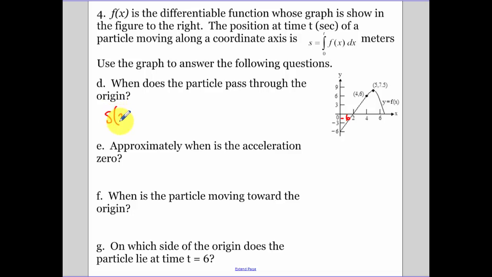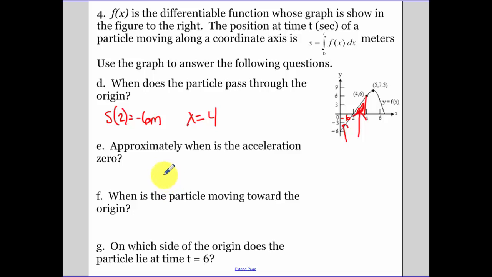S of 2, my position at time t equals 2 was -6 meters. But what happens? I start turning around and I start going positive right in here. So this triangle there is going to cancel out that triangle. So basically what we're going to look at is when the areas cancel each other out, and that's at x equals 4.